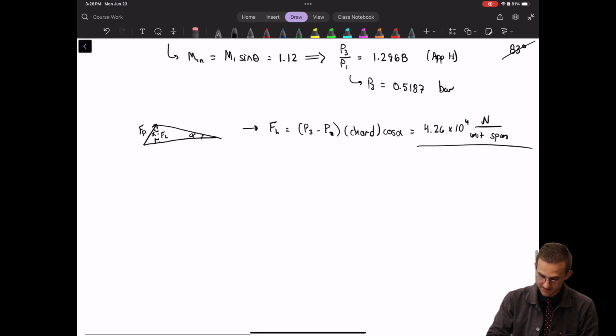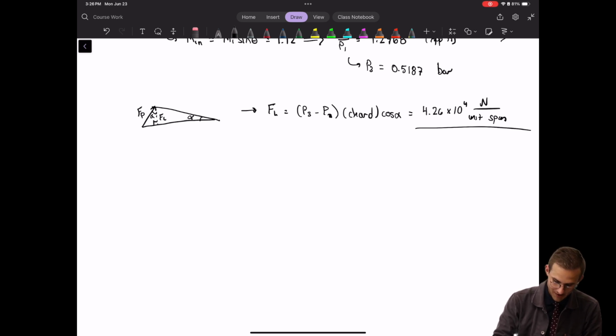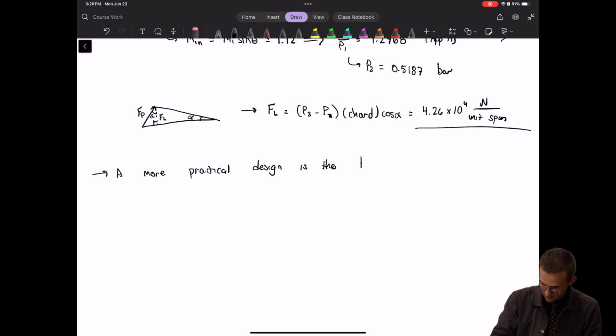A flat plate, it's interesting that you can actually get some lift out of a flat plate here, but a more practical design would be something called a double wedge. So the double wedge looks like this.